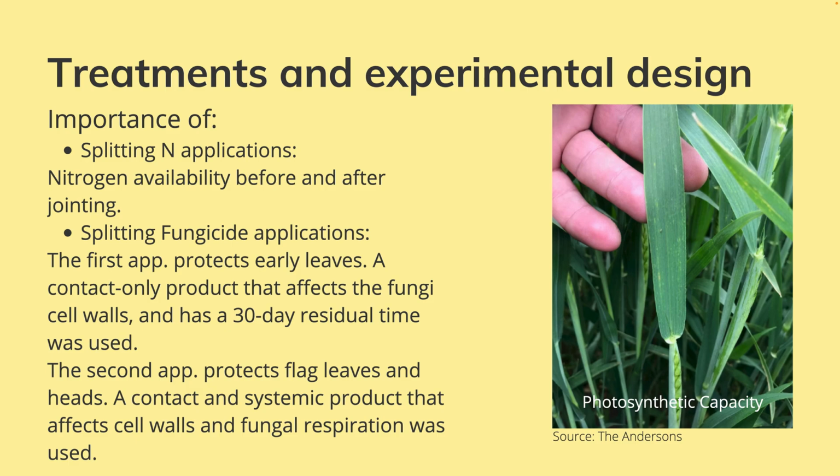Before jointing, when the first application is done during tillering, the plant is, well, it's growing, right? And most importantly, there is a head inside of the stem being developed, and the number of spikelets is being determined there.